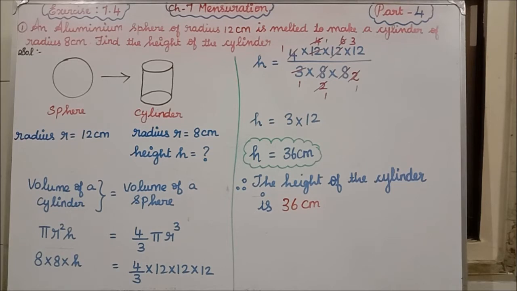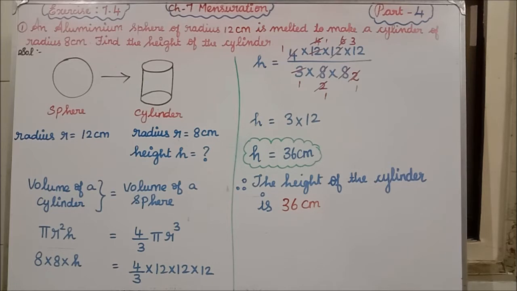That too, we have learnt about the curved surface area or total surface area of the sphere, cylinder, hemisphere, cone, frustum. Everything we have learnt in exercise 7.1. Then, when we come to exercise 7.2, what we have learnt? We have learnt about volume. Do you remember? We have learnt about volume.